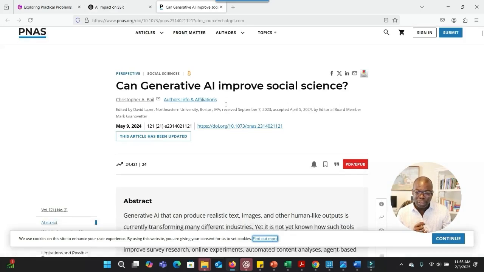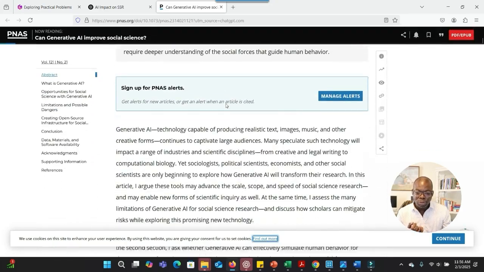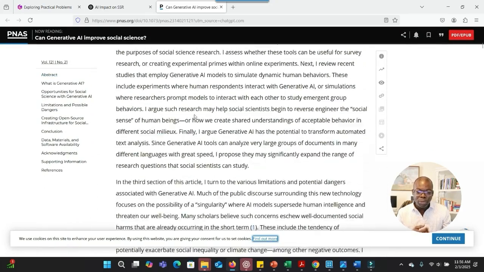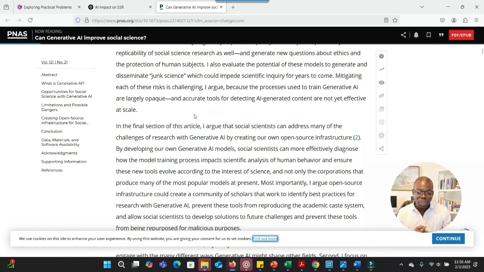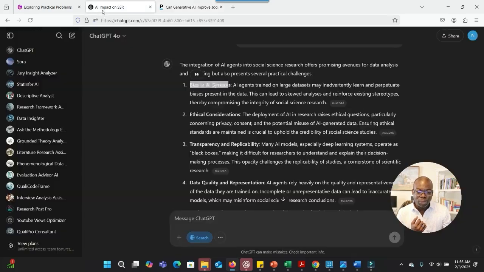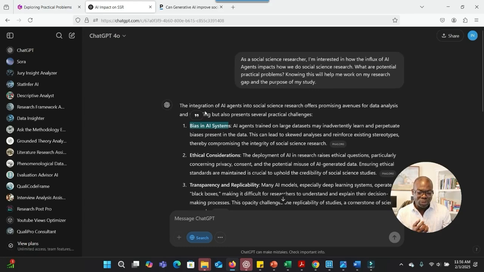And this is an article that you can read. So you see how you'll be able to read more about the problem, and I think that also will shape the specific problem we want to address. That's what I like, that you click on search so that the system searches the internet and gives you the sources. So you can click on these things and learn more about the problem that you want to focus on.